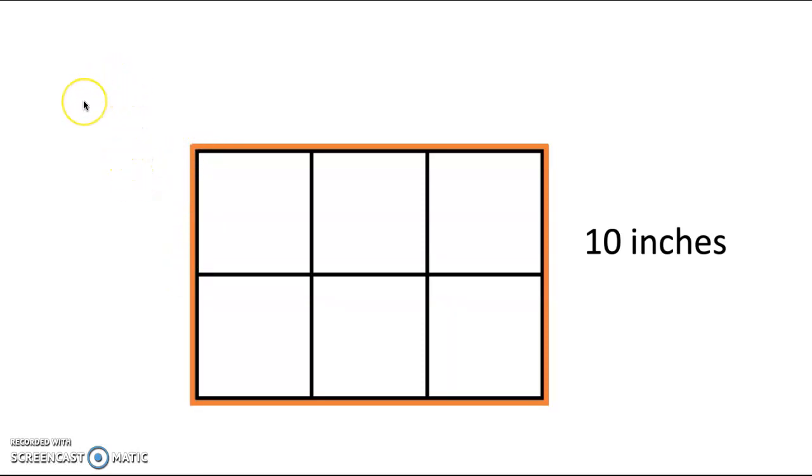But we are not looking for the perimeter of this rectangle. Today we are looking for the area. Remember, I'm going to say it again. Area is the amount of surface area, or the amount of surface inside of a shape. So we are going to count the inside to try and figure out the area.